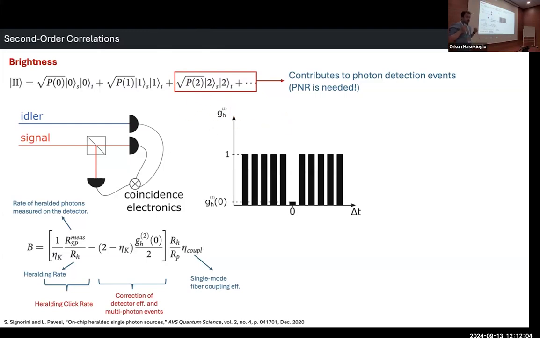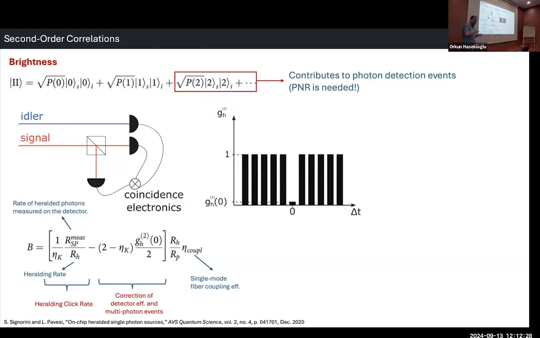And these single photon detectors are not photon number resolving detectors. Like I mentioned, I think it was the second day, Tuesday, there are some quasi-photon number detector approaches in the literature, but they are not commercially available yet. So you only detect if there is a single photon or more altogether.